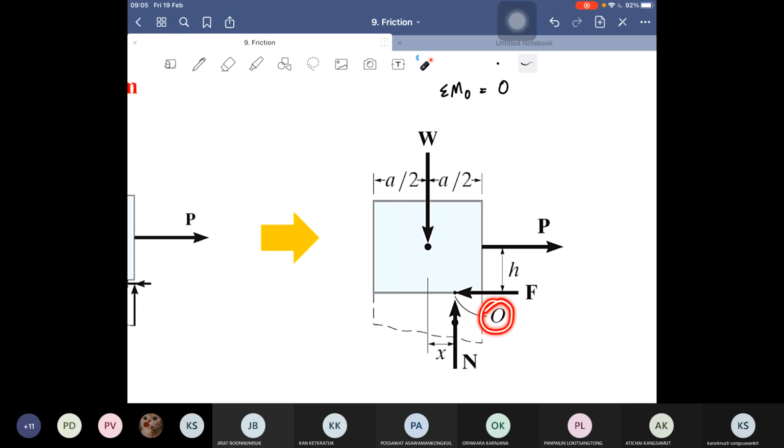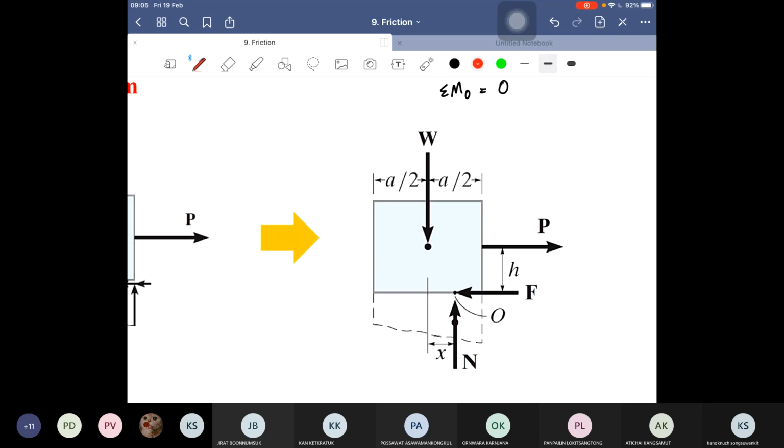Let's call it point O, so that I can get rid of both force N and F because they pass through the rotation point, and leave only the weight and force P to calculate the moment.